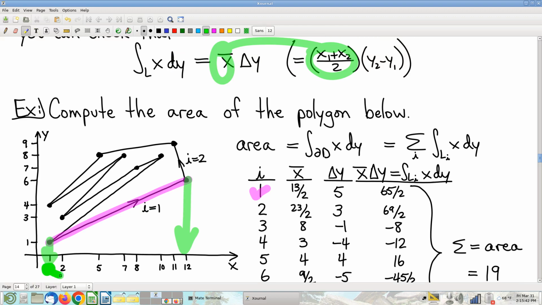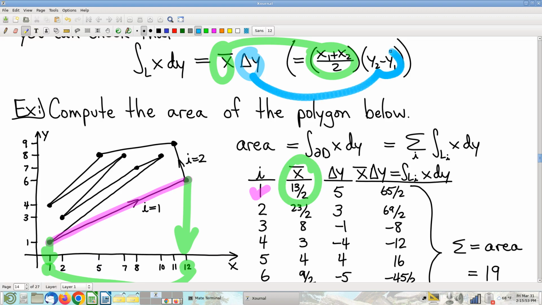Average those, right? 1 and 12 average to 13 halves. Right? Delta y, aka y2 minus y1, is 5. Easily computed there. Right?